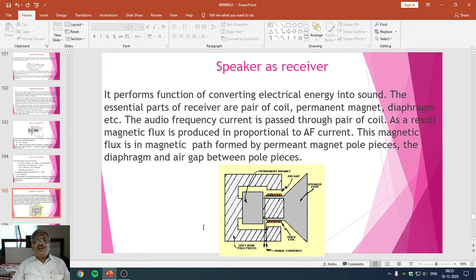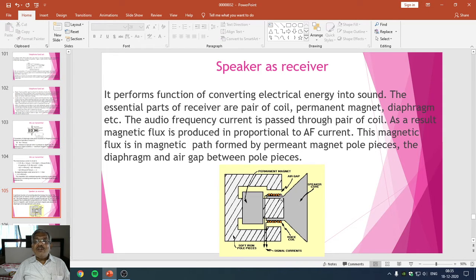When the audio frequency current transmitted from the mic of one of the subscribers is given to the audio coil mounted on the speaker, it will generate a magnetic flux proportional to the audio frequency current.